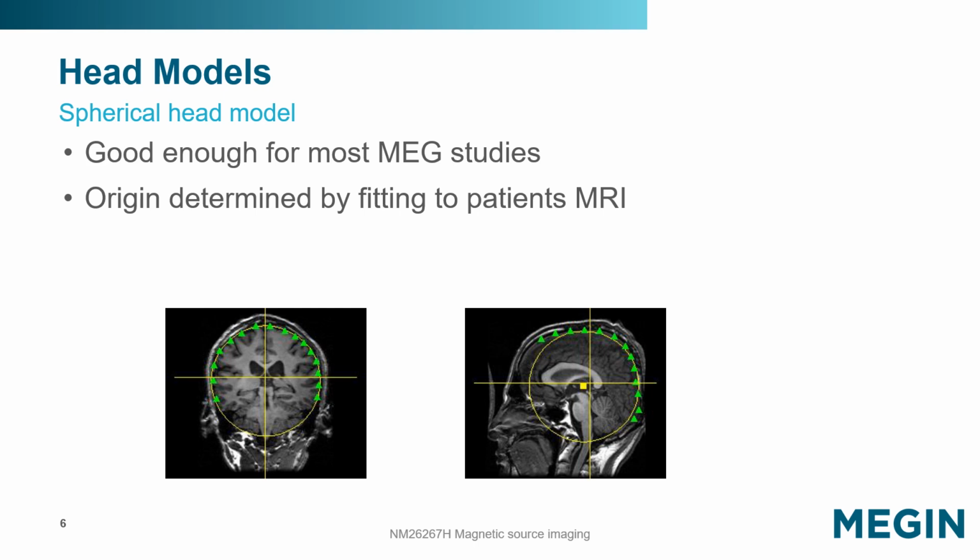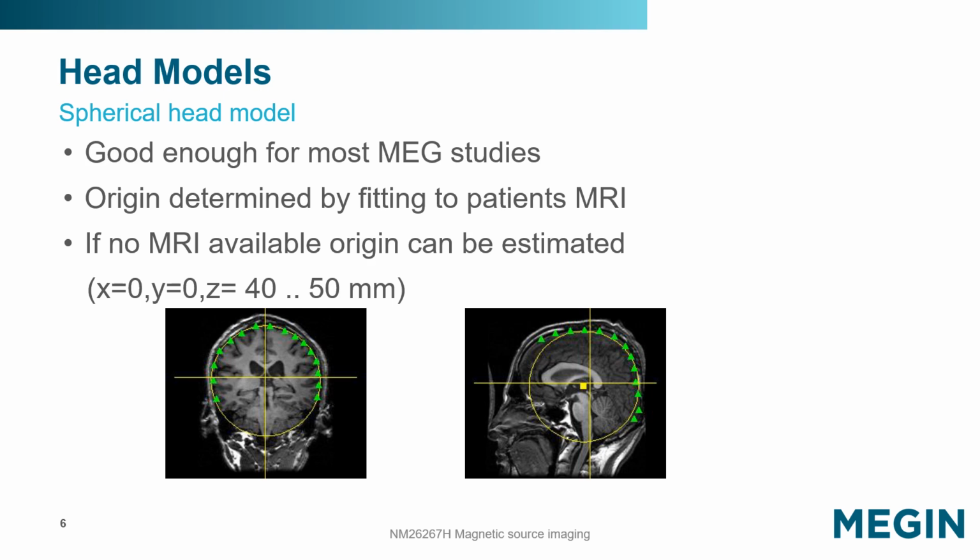The radius of the sphere is not important, but the origin matters. If the patient's MRI is not available, the origin of the sphere can be estimated because of the physical constraints of the MEG helmet. In that case, x equals 0, y equals 0, and z between 40 and 50 millimeters would be a reasonable estimate for the origin.